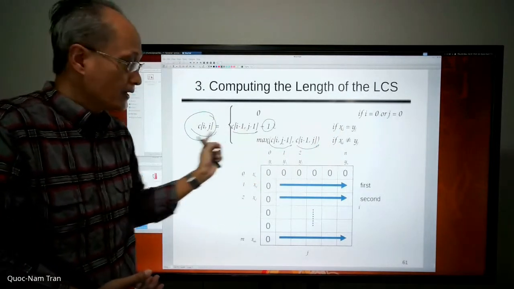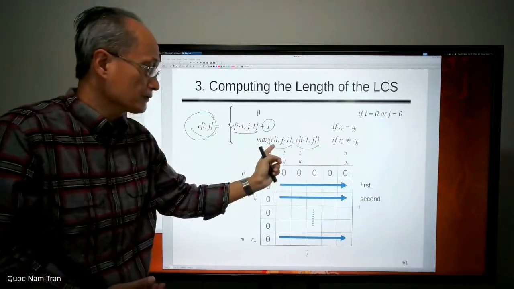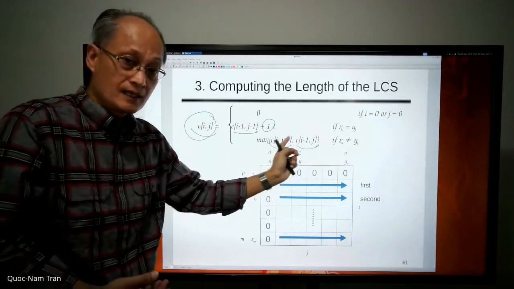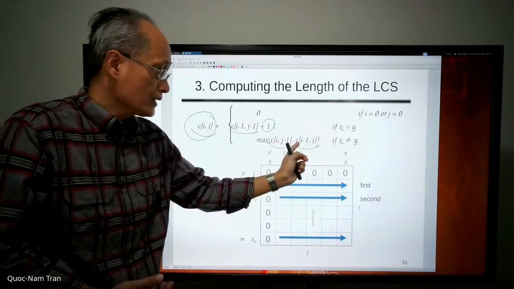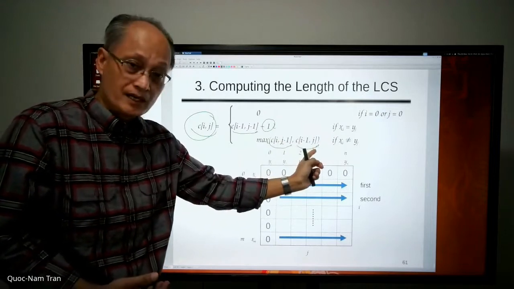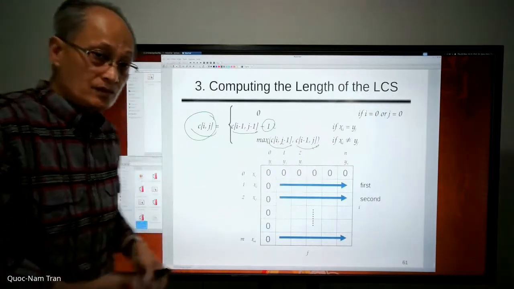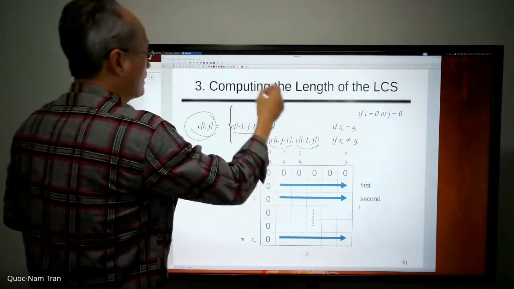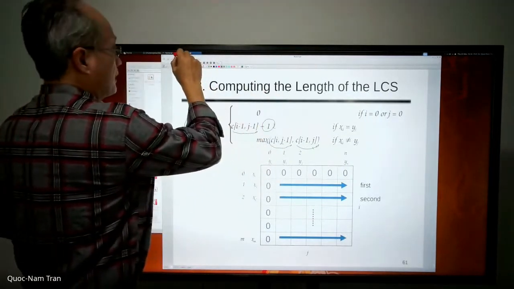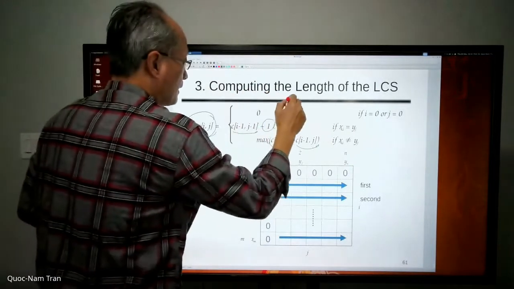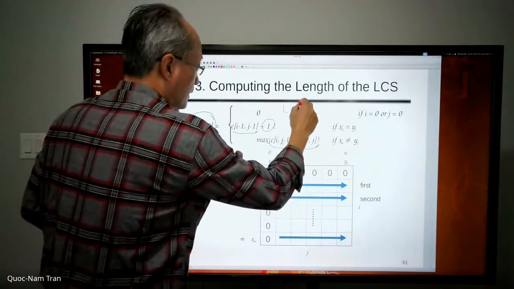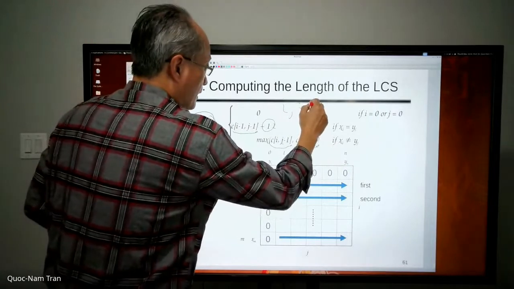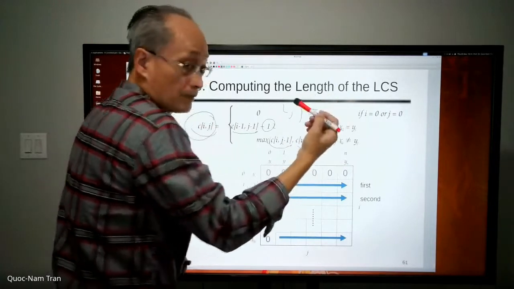If not, then invoke the function C with i, j minus 1 and i minus 1, j. We can assume that i and j are both from 1 to n.